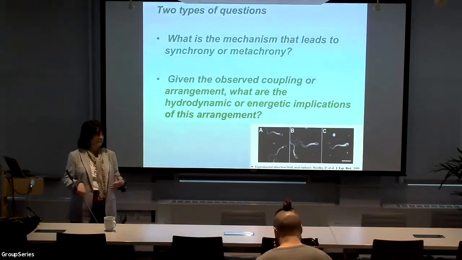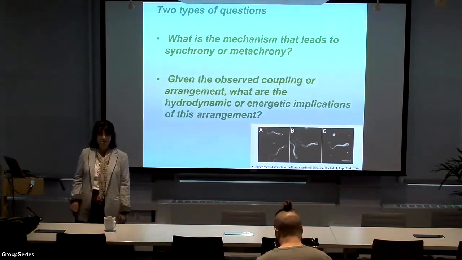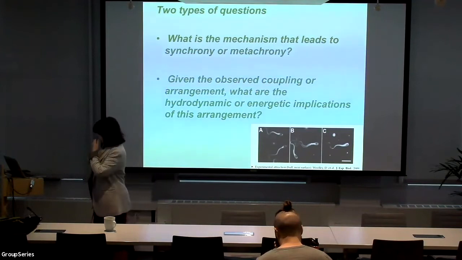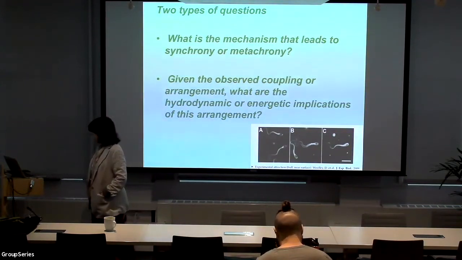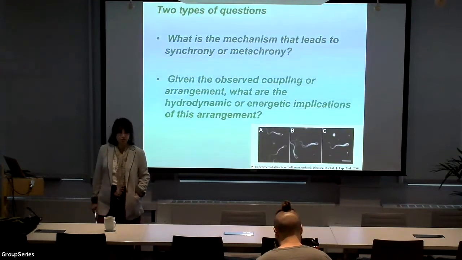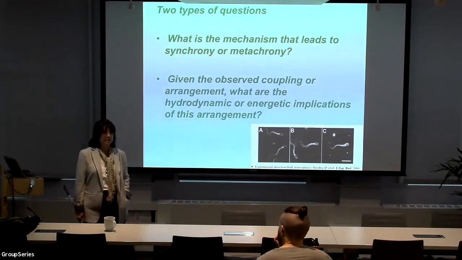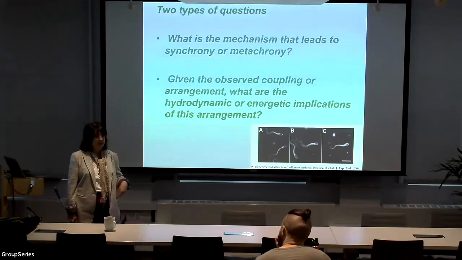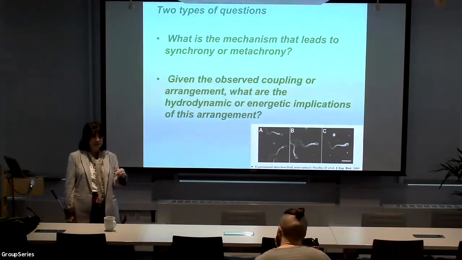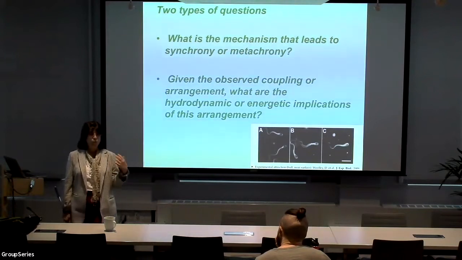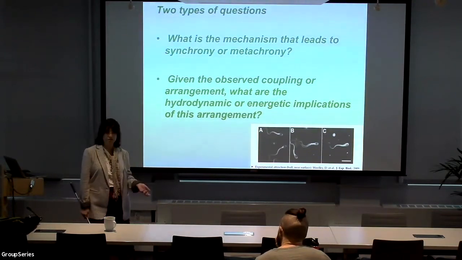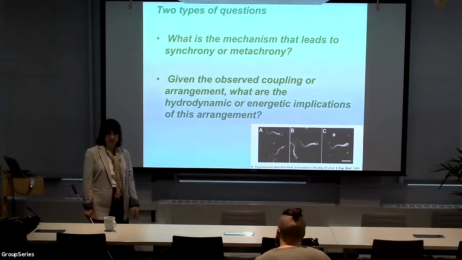What mechanism is actually causing them to synchronize and coalesce? And also, which is a little bit easier question to approach computationally and mathematically, is given that arrangement, not worrying where it comes from, but given that arrangement, what are the functional implications hydrodynamically?